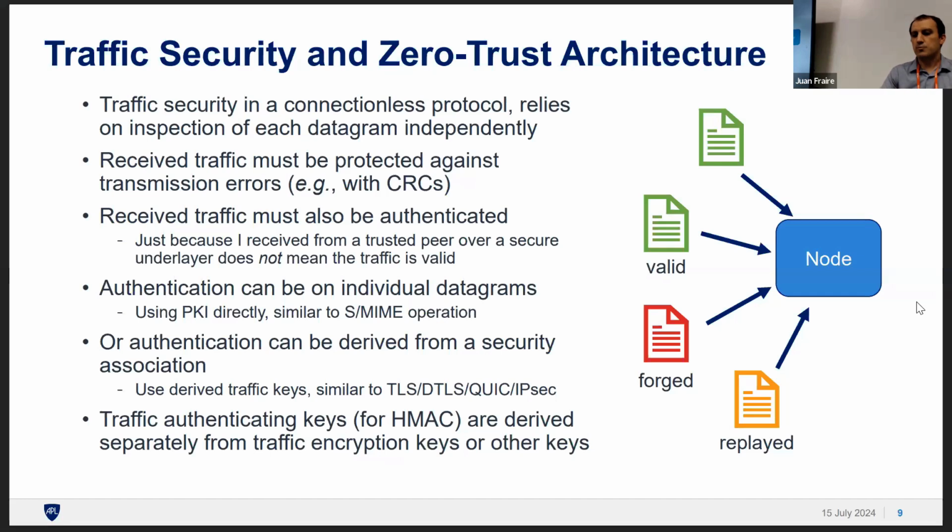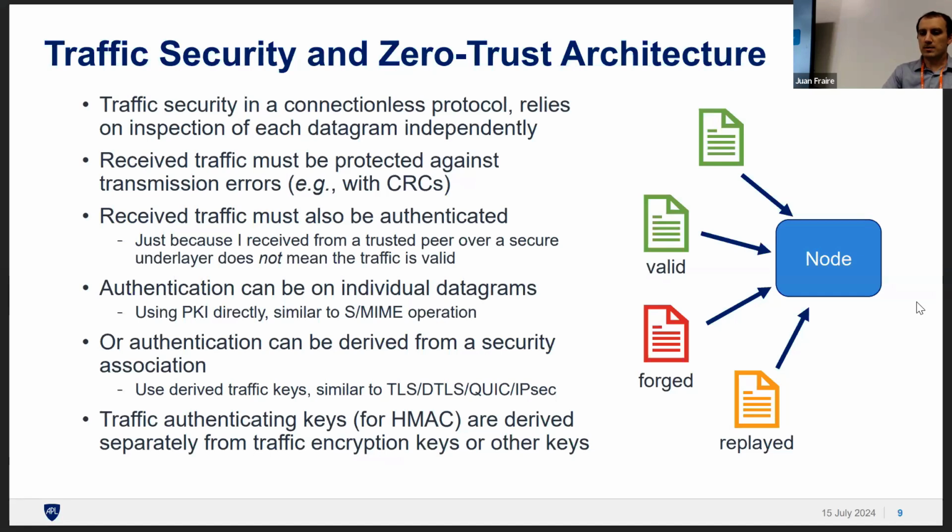So zero trust architecture is something else that is worth having an eye for in this kind of security environment, because the point here is to say that I can't allow my security to be implicit or transitive, in that just because I received information from a peer over a trusted channel doesn't necessarily mean that that information itself is trusted.